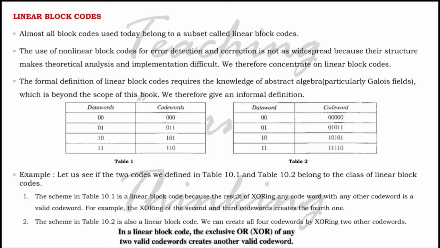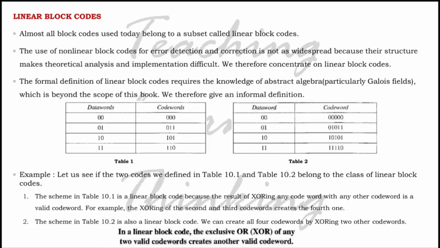The scheme in table 2 is also a linear block code. We can create all of our code words by XORing two other code words. In table 2, when we XOR any two code words, they can create all other code words.